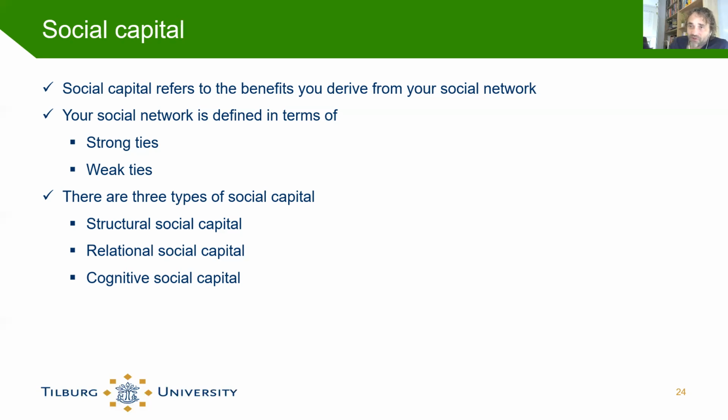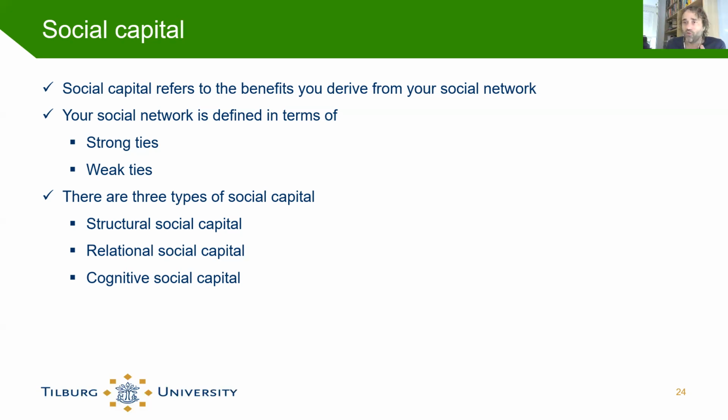And you derive that social capital from your strong ties, your good friends and family, the best colleagues you have, and your weak ties, everyone else you know. And you can imagine that this is also pretty important in organizations, of course. So you have your social capital in organizations, you have your colleagues inside and outside of the organization.